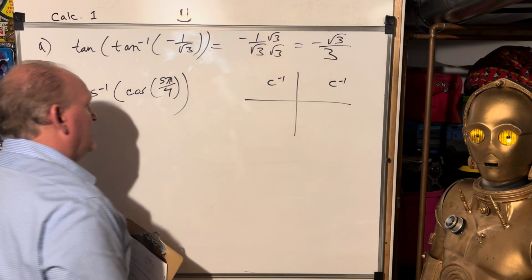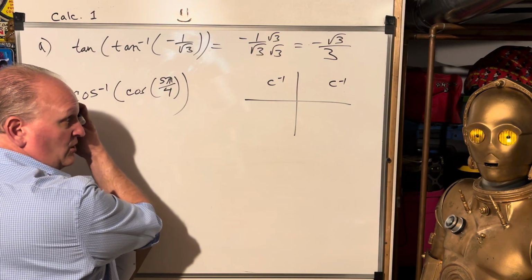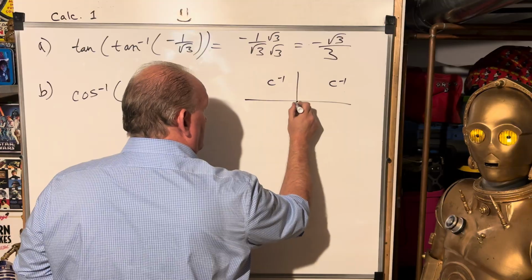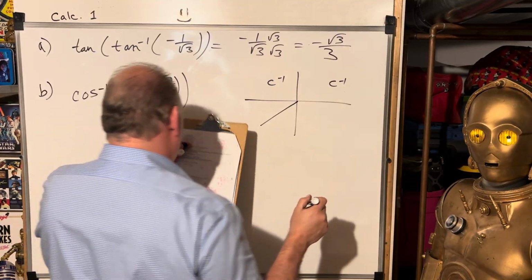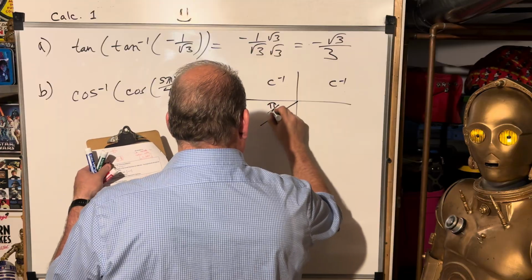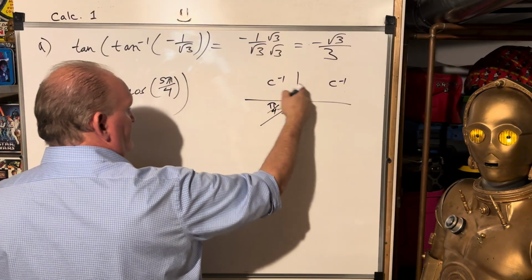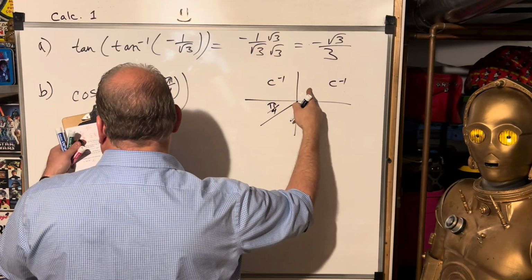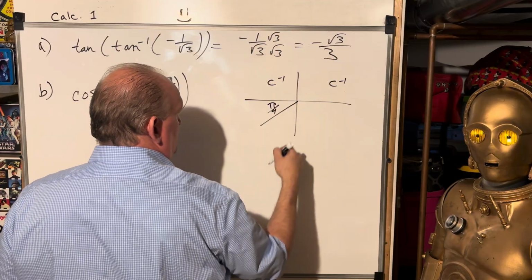And so 5 pi over 4 lands you in the third quadrant, but we can fix that so that it falls into either the first or the second quadrant.